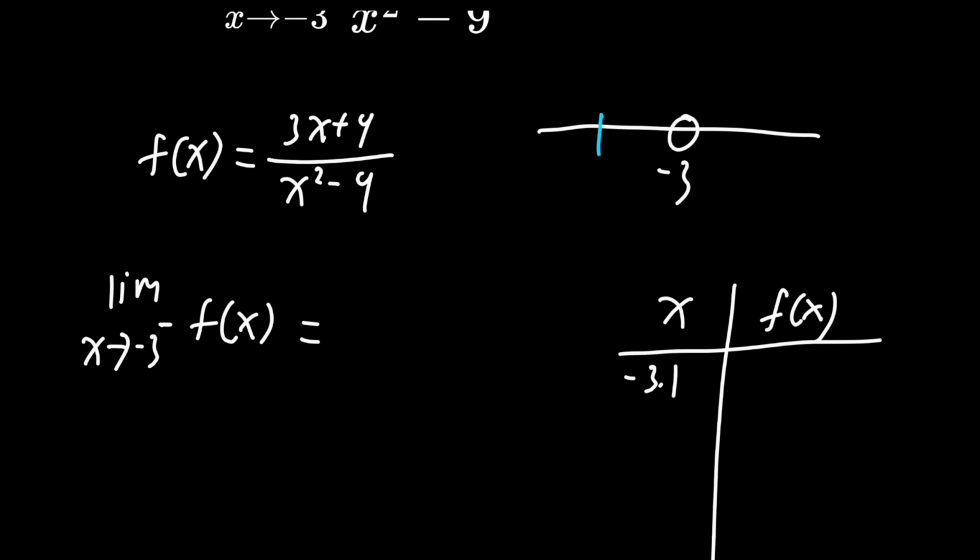We need a few numbers approaching -3, so it will be -3.01, -3.001, -3.0001, and you may continue if you want.